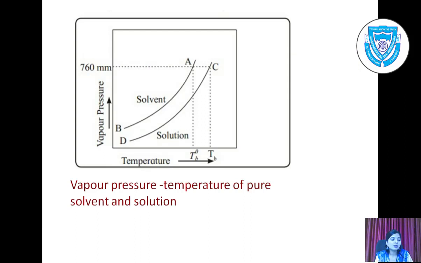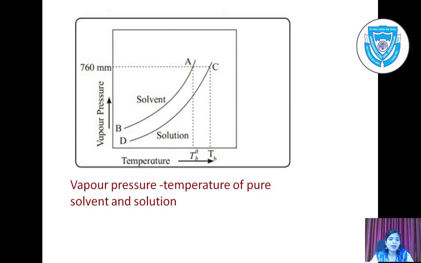Now graphically, with this graph you can understand it more properly. In this graph you will see two curves, that is vapor pressure versus temperature of the pure solvent and that of the solution. In these curves you can see two cases.